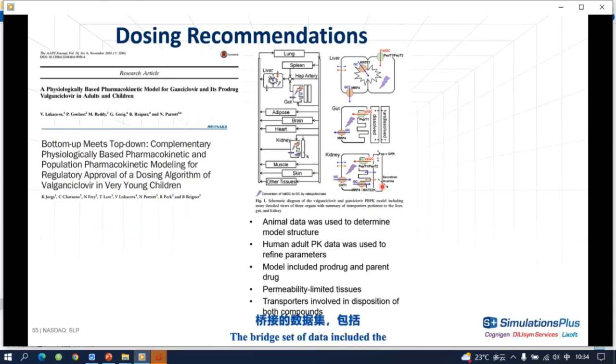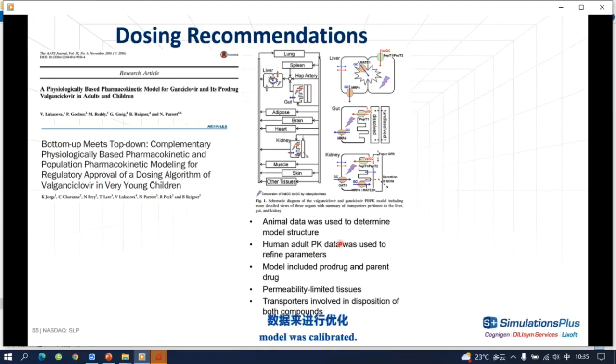There was also a good rich set of data, including animal data, that helped to determine the model structure. So it all started with the animal data that helped to determine these specifications, that we need permeability-limited tissues and transporters. And the adult human data was then used to refine the parameters.